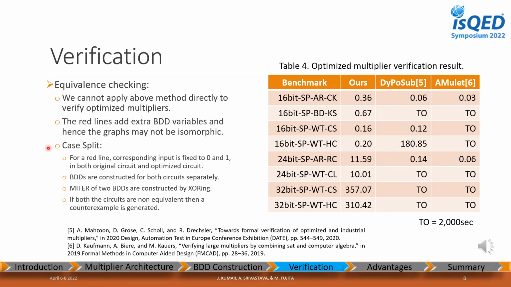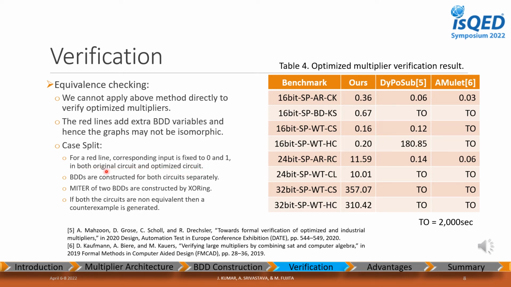To overcome this problem, we proposed a case split method where for each extra signal line we consider two cases. First, fixing the value of the signal line as 0, and in the second case fixing the value of the signal line as 1. We make the similar modification in the reference circuit also.